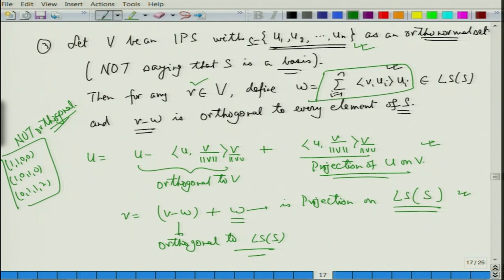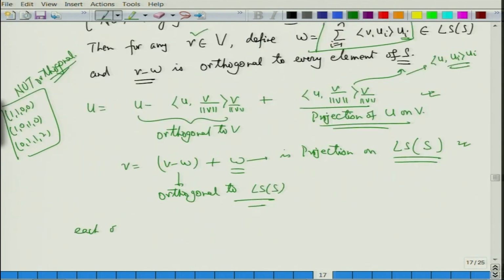So look at this, since ui's are orthogonal here, if I want to write it in terms of this part here, it will be u comma ui and ui itself. This is what it is. So each of these components here, each of the elements v comma ui times ui is the projection of v on ui.